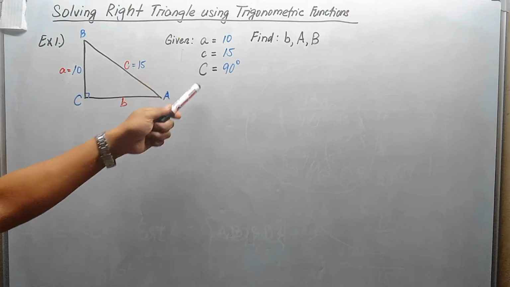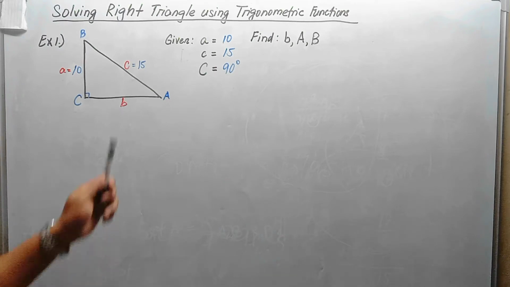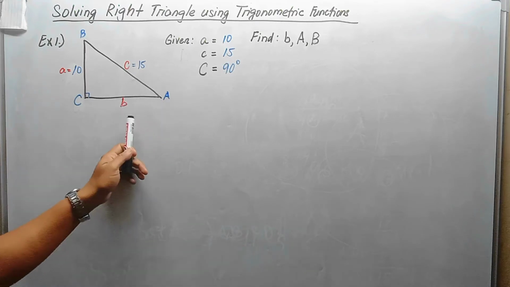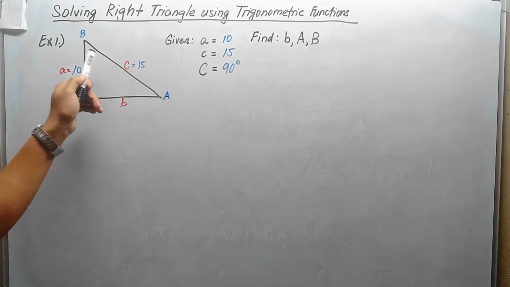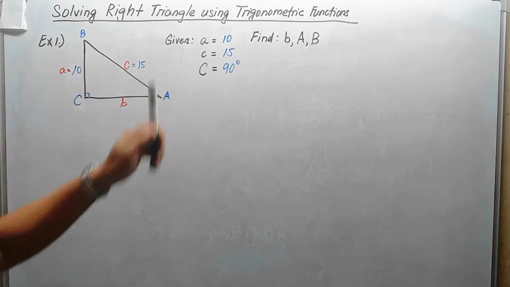Given here, as you can see, C is 90 degrees. Now, the requirement in this problem is to calculate or find the third side, B, and the angle of A and the angle of B. So we need to measure the angle of A and B based on these given parameters.